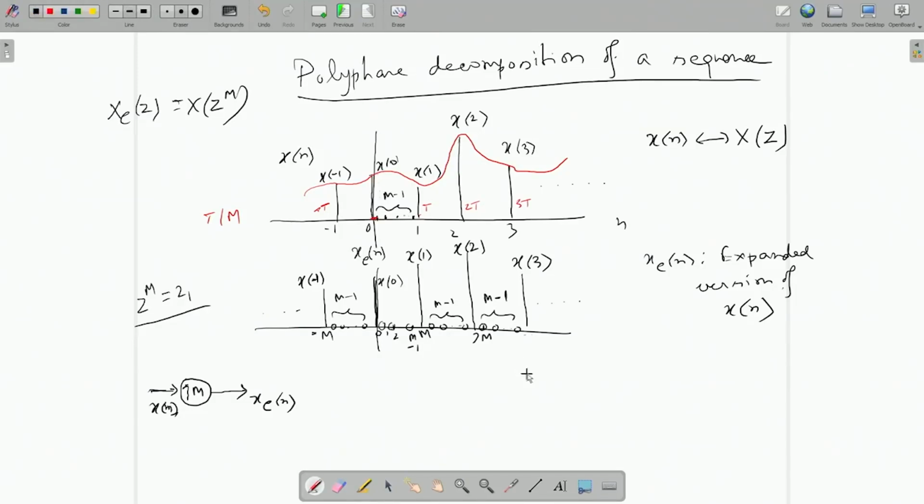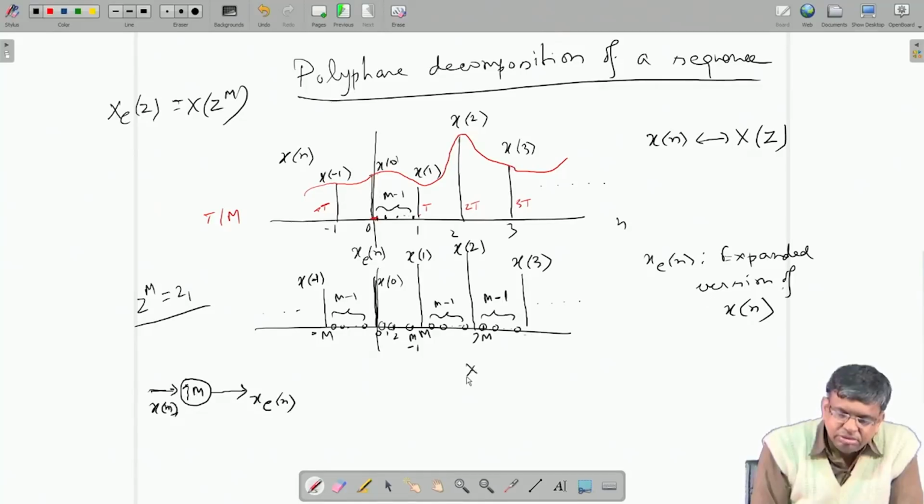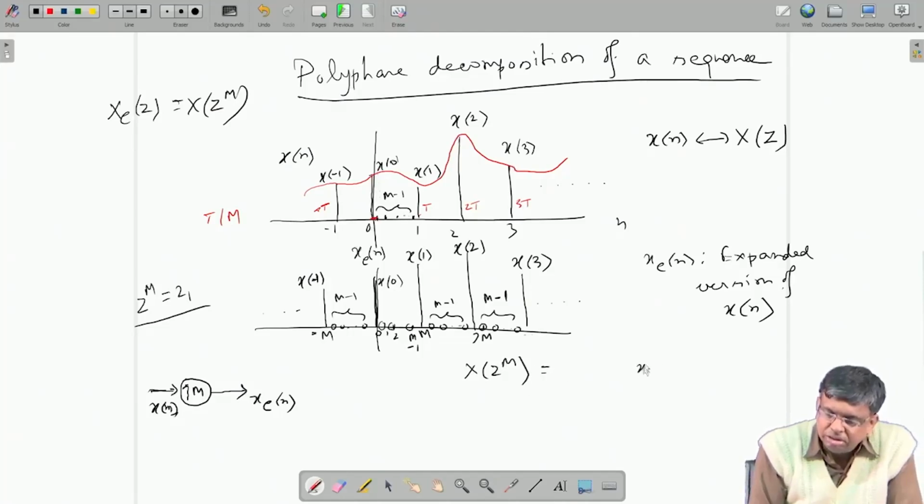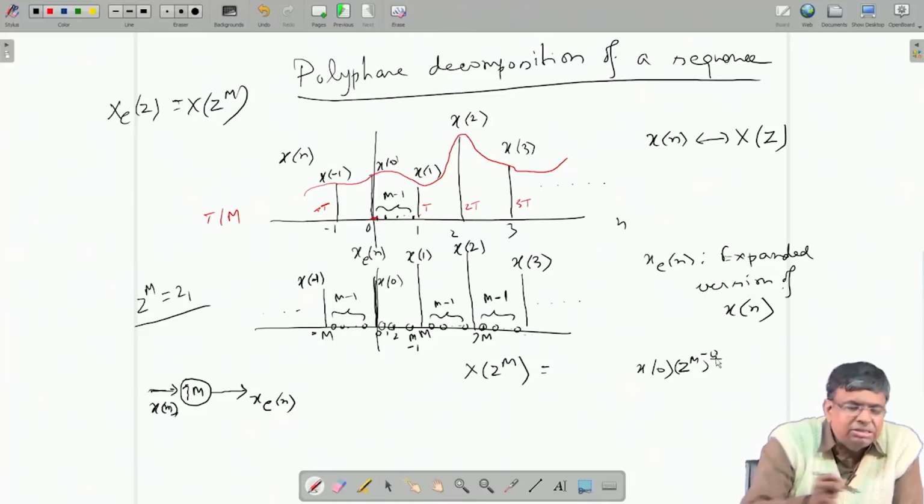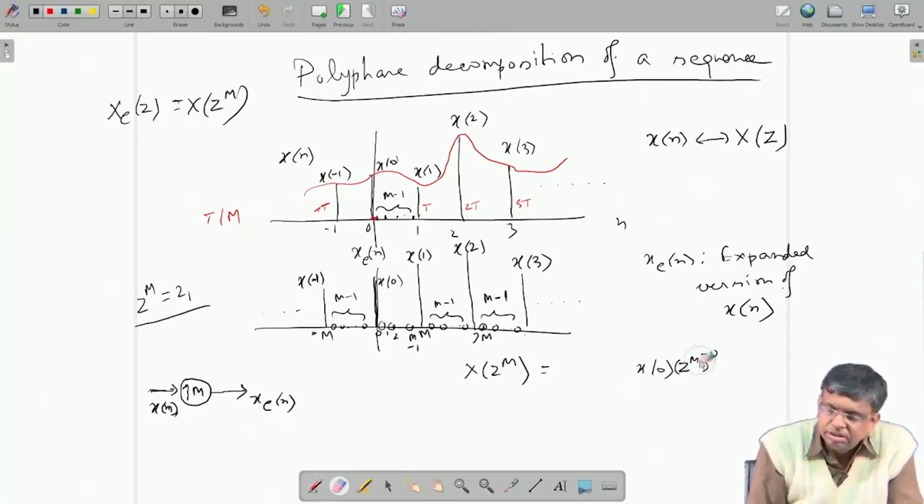Equivalently, if somebody has given me X of z, in X of z I replace z by z to the power m, that is X of z to the power m. This will be nothing but x0 z to the power minus 0, which is z to the power m times minus 0, which is the same as z to the power minus 0.